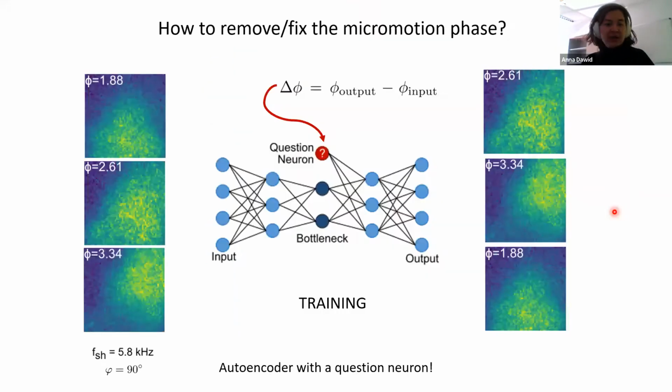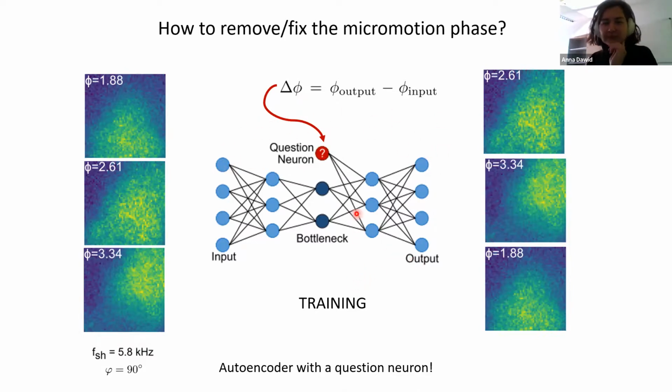And how did we do that? This is the autoencoder with the question neuron that I was mentioning before, and now I hope you will see exactly why it's useful. Again, the task is to reproduce some kind of image. In the beginning, without the question neuron, we wanted to reproduce exactly the same image at the output.